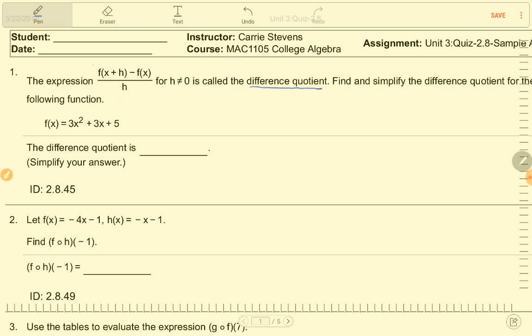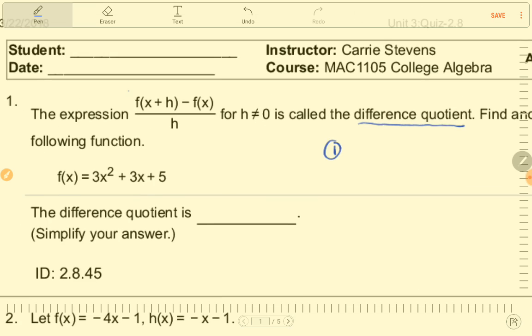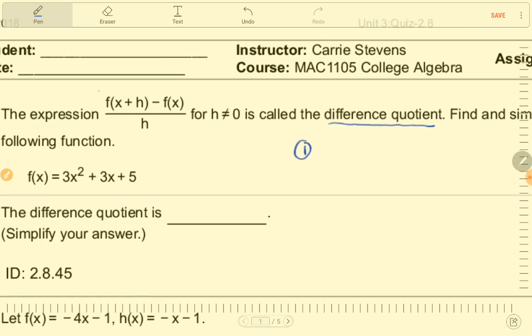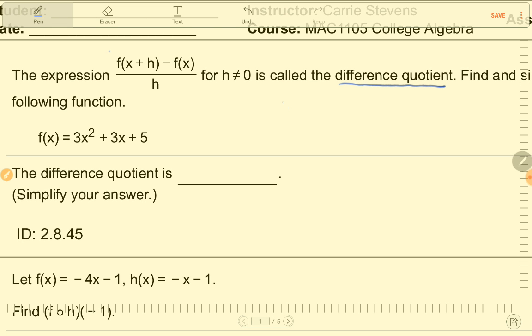Okay, step 1. Let's see if I can zoom in here. All right, so the given function f of x equals 3x squared plus 3x plus 5. If I plug in, where any x is, the quantity x plus h, that will be f of x plus h.